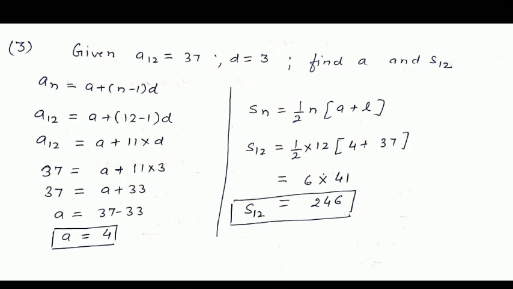In place of L you just write down A12, because we have to find out S12. So S12 will be 1 by 2 into 12, 4 plus 37. On simplifying we will get 6 into 41. So S12 is equal to 246. I hope you have understood the third part also.